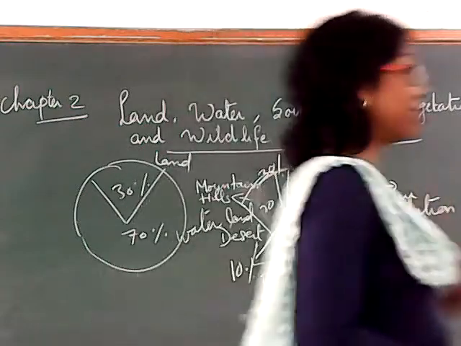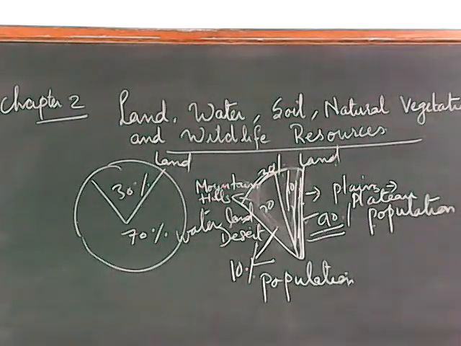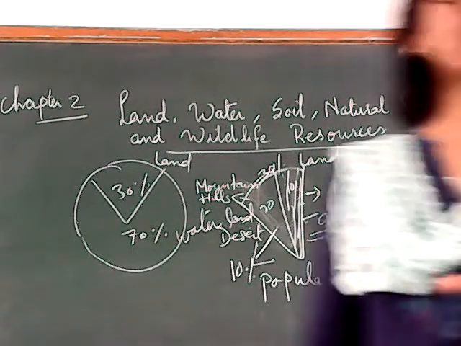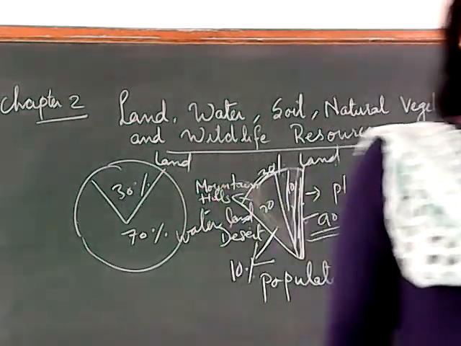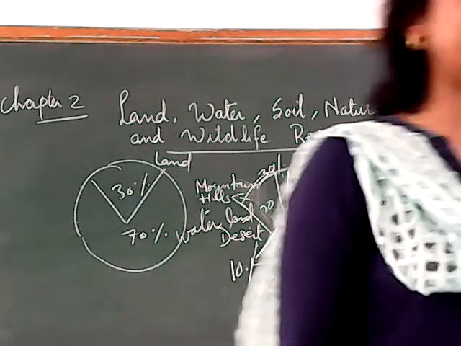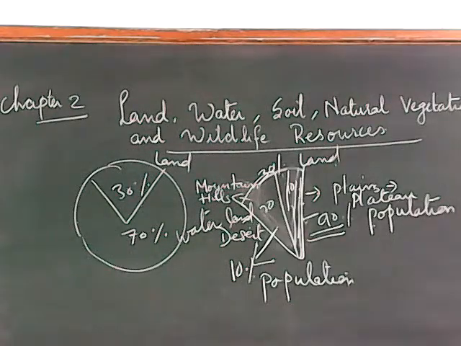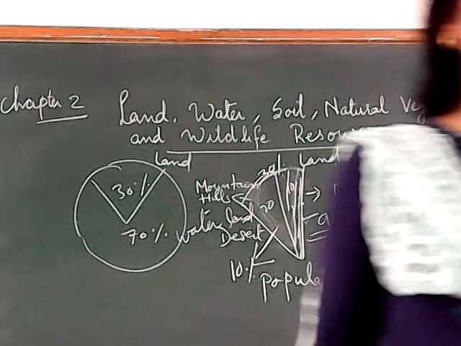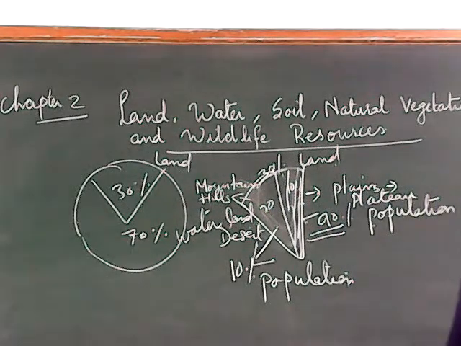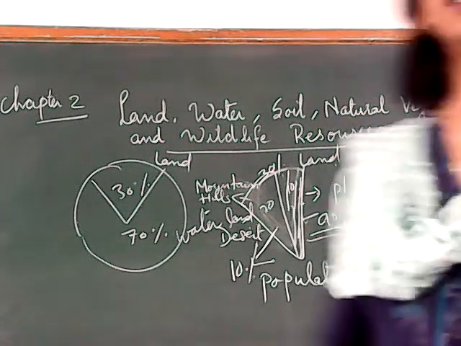So that is why land is very important. Most of the human activities, what are the human activities, Vanilla? What are the activities of the human? Sridhar?